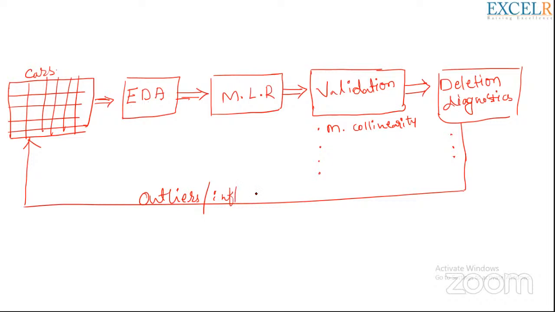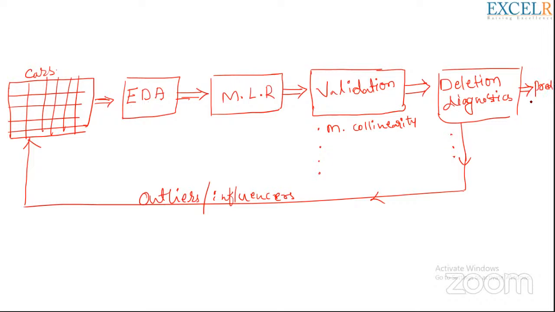These outliers and influencers are removed from the data set and it goes through this entire process again: build the model, then validation techniques, then again deletion diagnostics. This loop continues until you don't find any outliers or influencers. Once you are fine with that, we go for the model deployment or prediction.